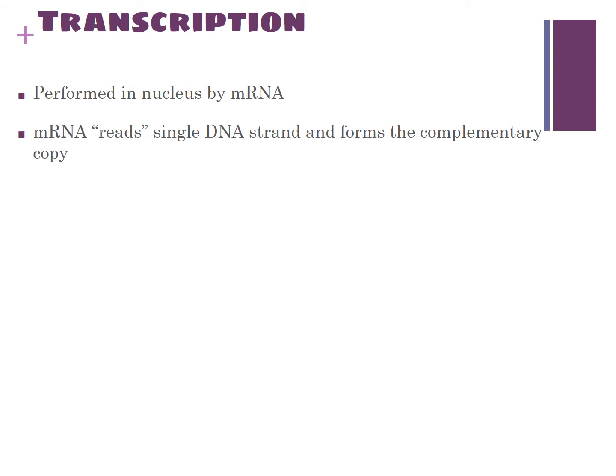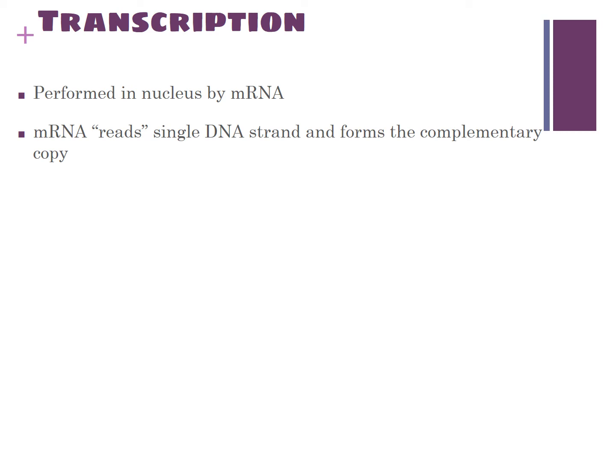What happens is the messenger RNA is going to read a single DNA strand, and it's going to form the complementary copy. We're going to do some work with this in class, and remember that instead of having the letter T or thymine as a base, the messenger RNA will have U or uracil as a base.